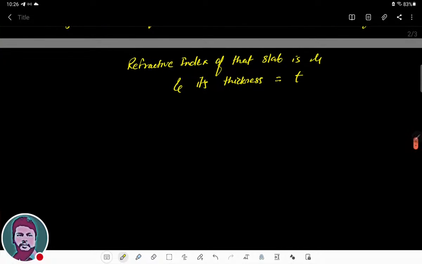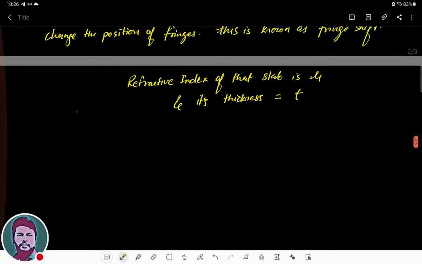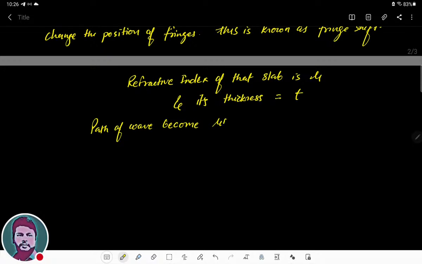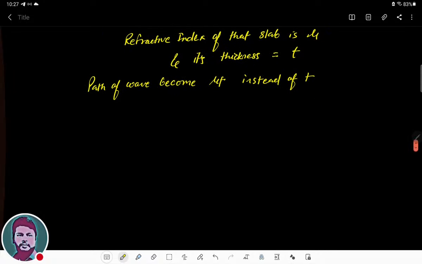So the path of the wave becomes mu t instead of t. So the difference we get is mu t minus t, or we can write it as mu minus 1 t.